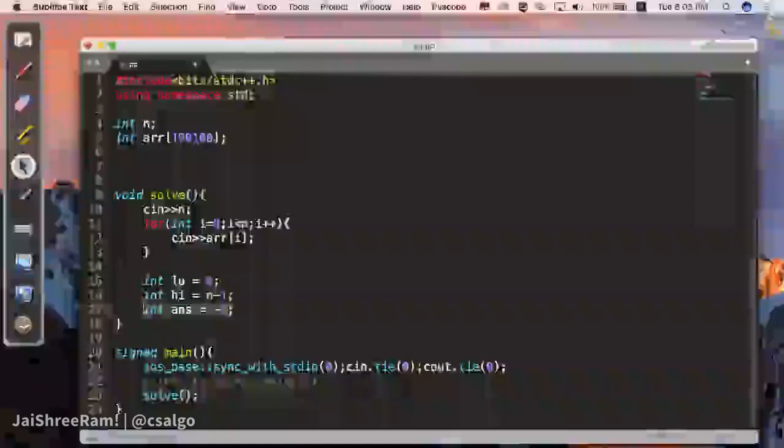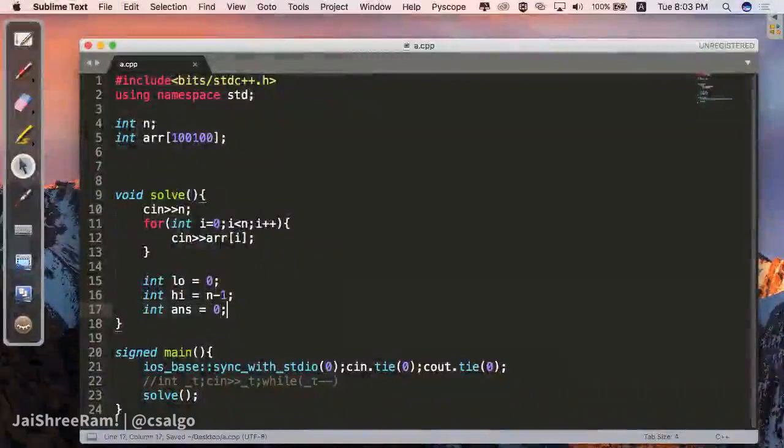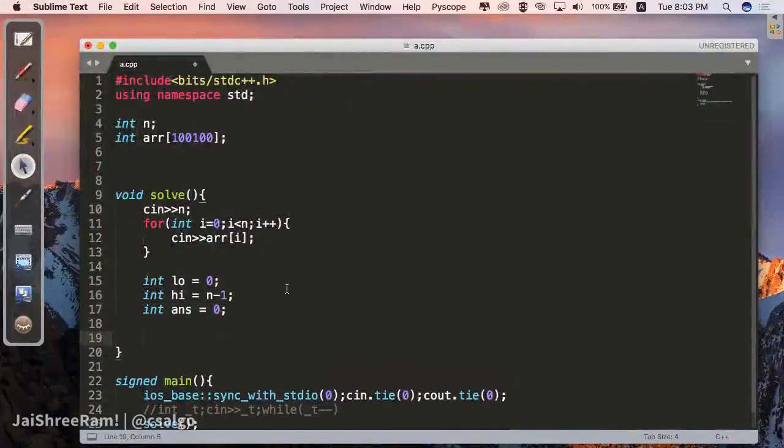So how do you initialize this answer? We will discuss that a minute later, after we complete this and discuss what you should get when the array is completely sorted. So let's talk about how you will write the rest of the code.